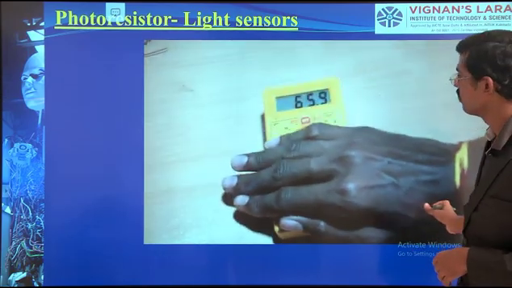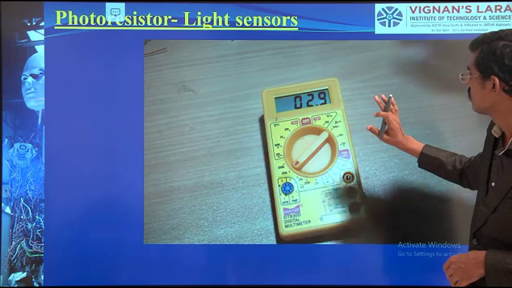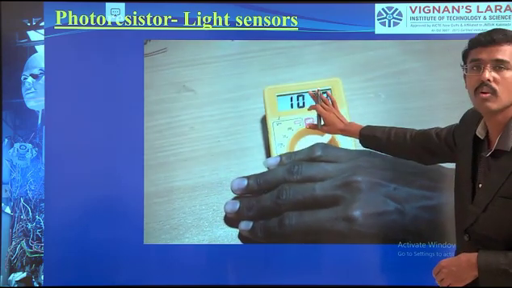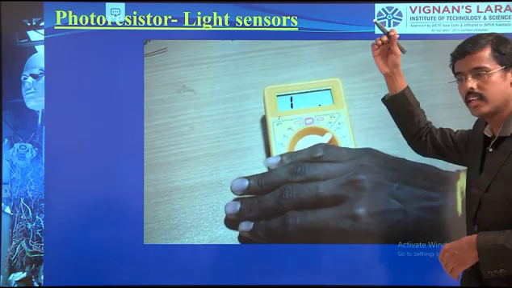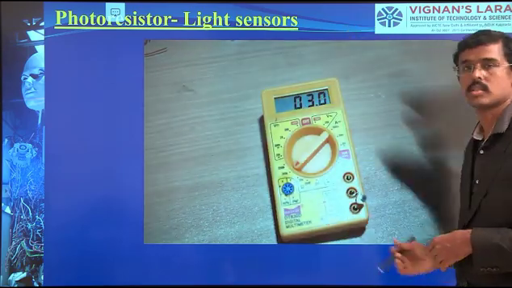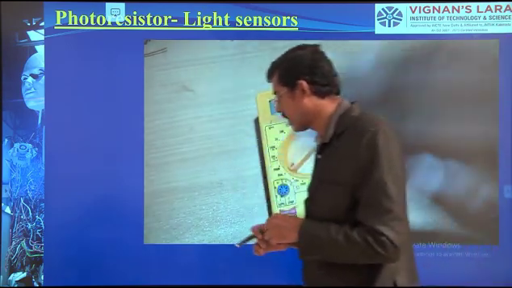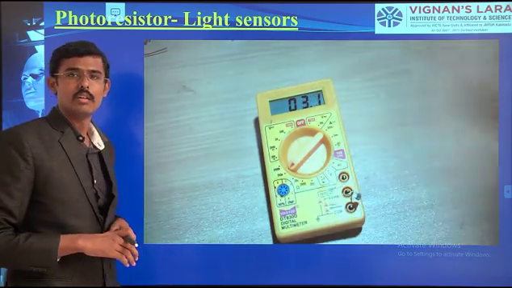When there is no light, it shows full resistance in ohms. When the same light falls there, the resistance reduces. And in such a way, we can understand these photoresistors.